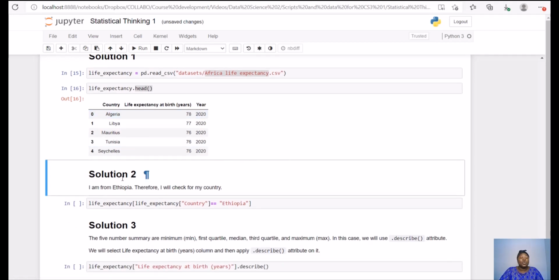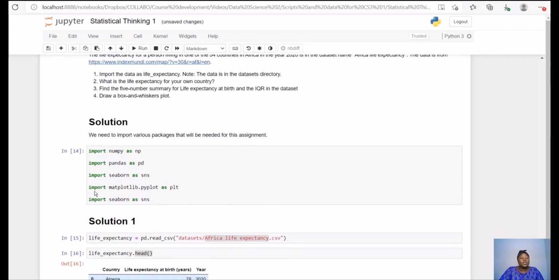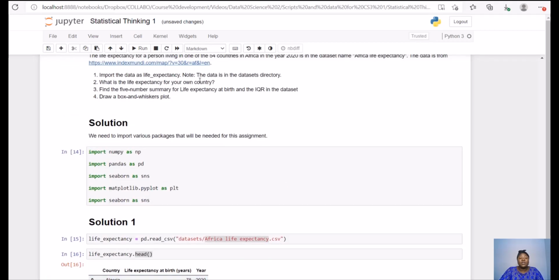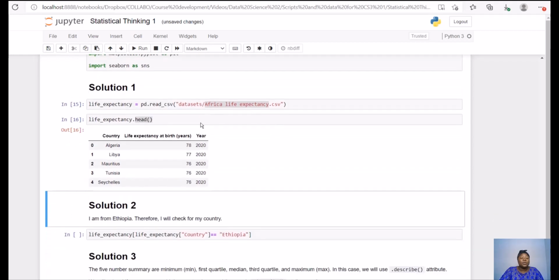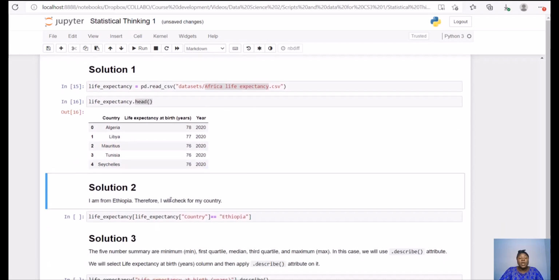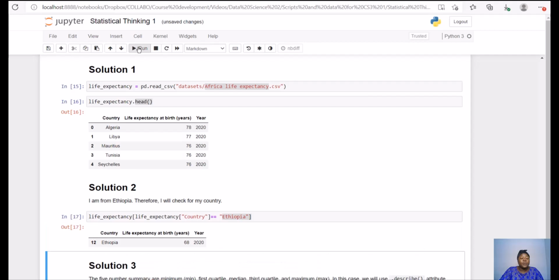Now, the solution to the second task: what is the life expectancy of your own country? Assuming that you are from Ethiopia, then you can run the life expectancy for your country, Ethiopia, by writing Ethiopia here. If you run it, you see that the life expectancy for Ethiopia is 68, and it is at row 12.